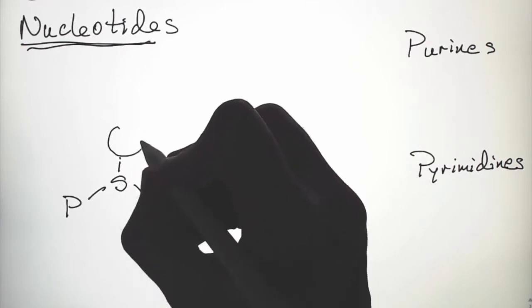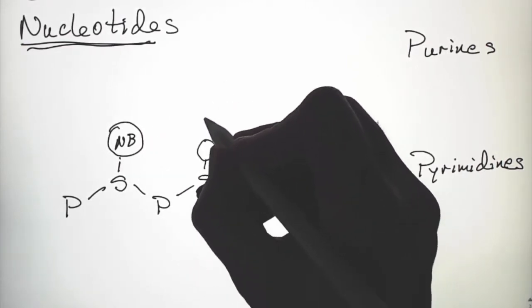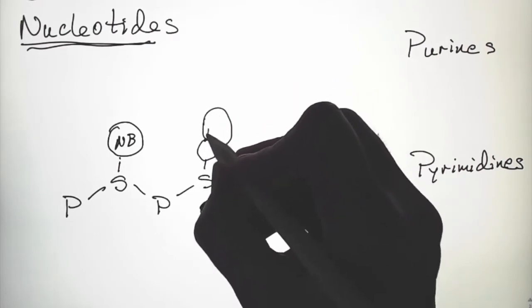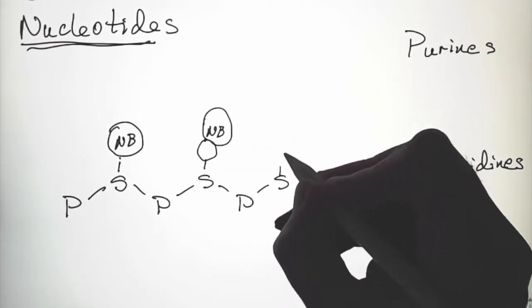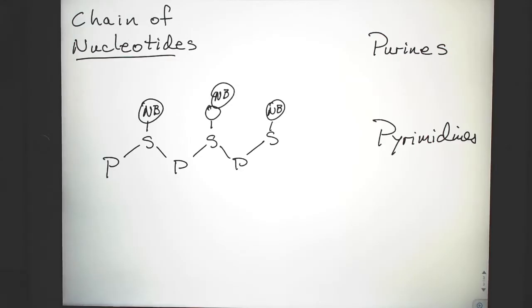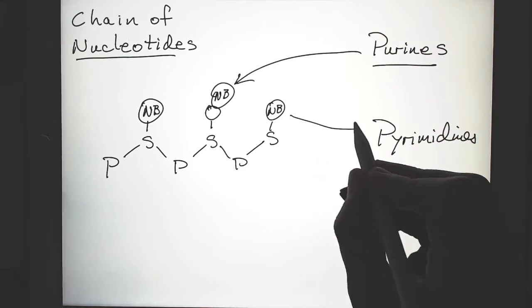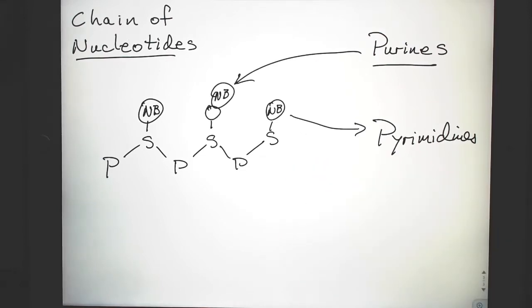Each nitrogenous base is either a single ring or a double ring. The double rings are purines, the single rings are pyrimidines.